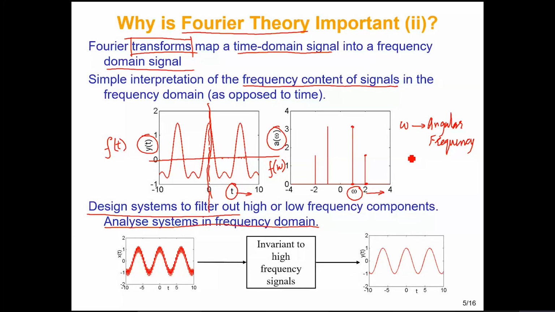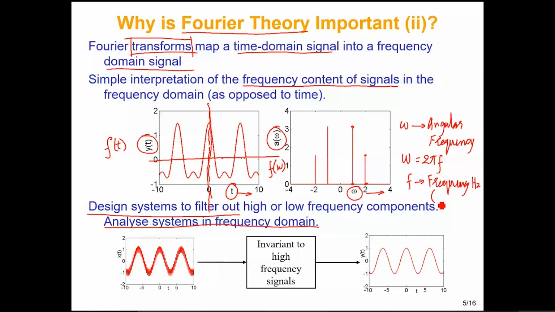Typically we are more used to the actual frequency, which is f, the frequency in hertz. This is the frequency that we know of, in terms of hertz, or in other words, oscillations per second or cycles per second. So cycles per second is also hertz, that is the unit. Angular frequency is just a scaled version of the same thing, 2 pi times this frequency.